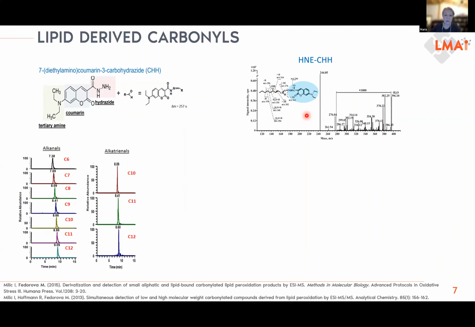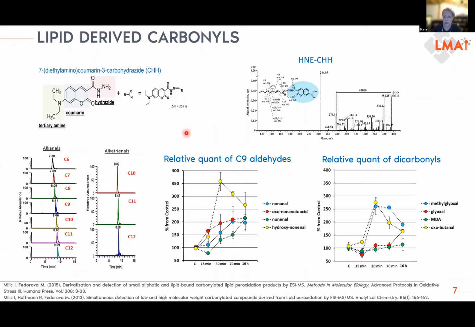So we brought this method to LC-MS application, where we can separate alkanals, alkenals, and trienals based on the lengths of their chains. In this model of our mild oxidative stress, we could quantify them relatively, and we could see that indeed these lipid peroxidation products really pick up at 30 minutes, starting to grow from 15, and are most abundant at 30 minutes upon the induction of oxidative stress.